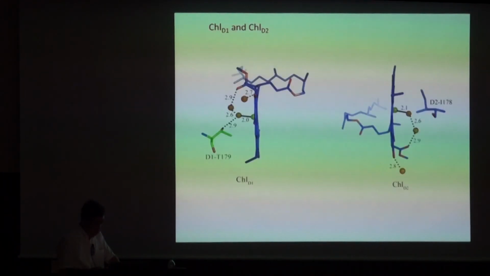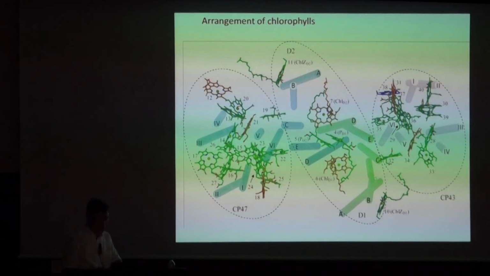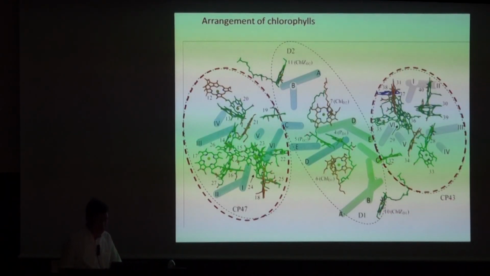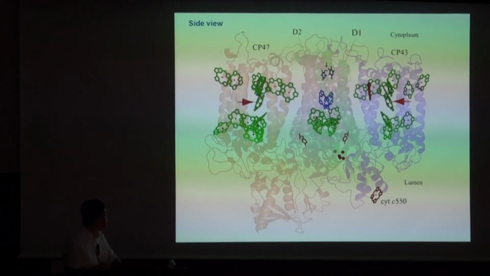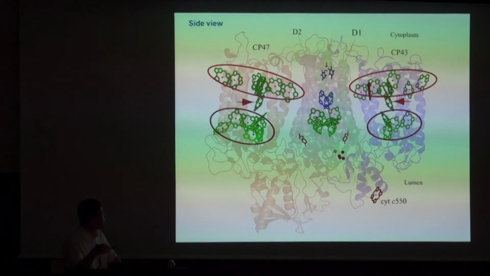There are also unique features in the arrangement of these chromophores in order to harvest energy efficiently. One of the features: if we look from the side of the membrane, these chromophores are located in 2 layers, one from the upper side of the membrane and one from the lower side.